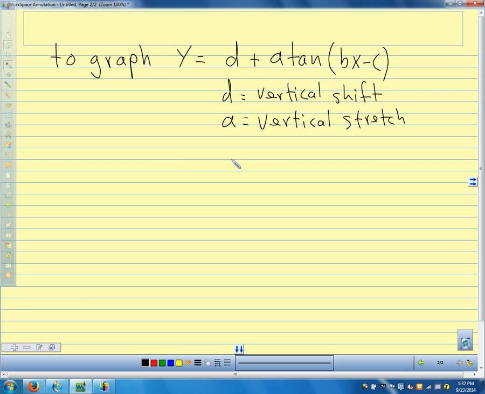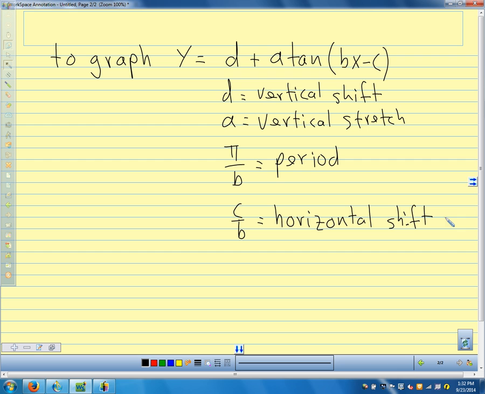Our period is pi over B. And then our horizontal shift is C over B, just like with our other function. So I'm going to factor out this B. So C over B is going to give us our horizontal shift.